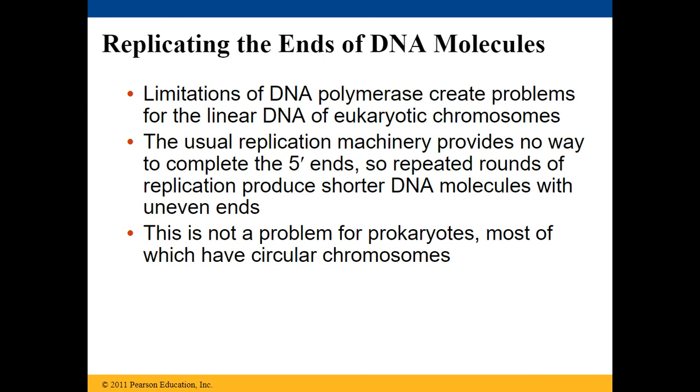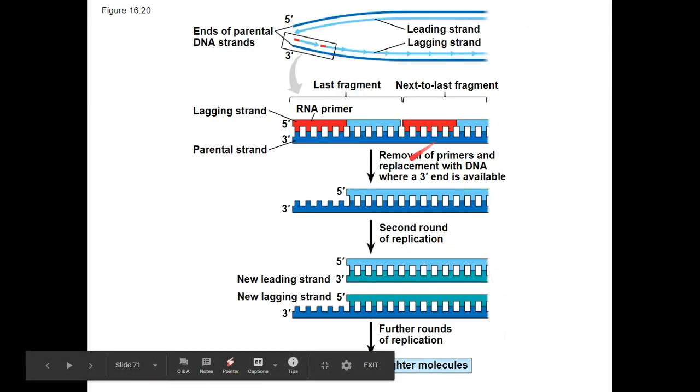So repeated rounds of replication produce a shorter DNA molecule every single time. This is not the problem for prokaryotes because they have circular chromosomes, so there's no end. But for eukaryotes, we lose a little bit of our DNA every single time we replicate. So just visually, that end, we lose it a little bit every time.